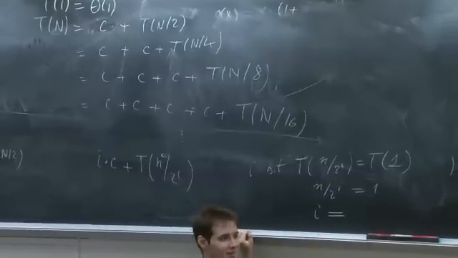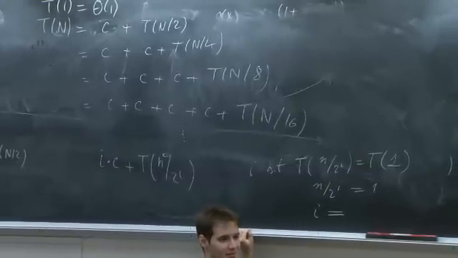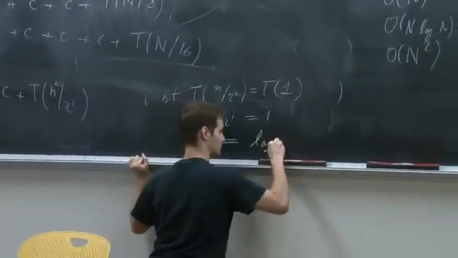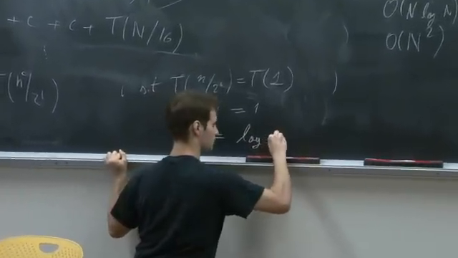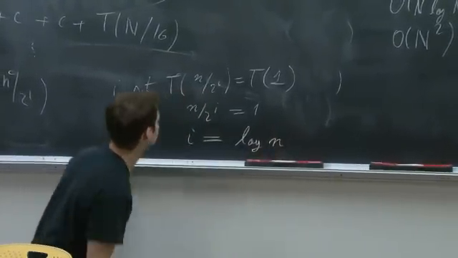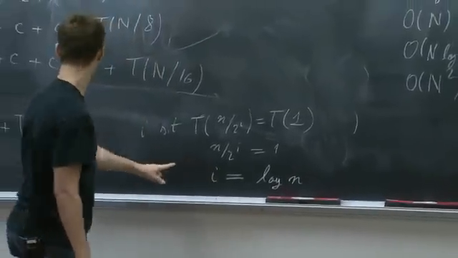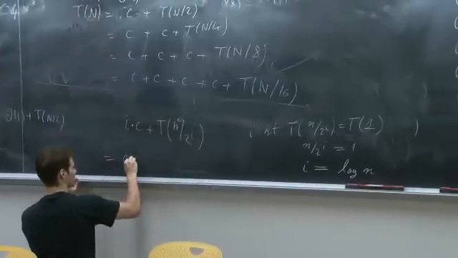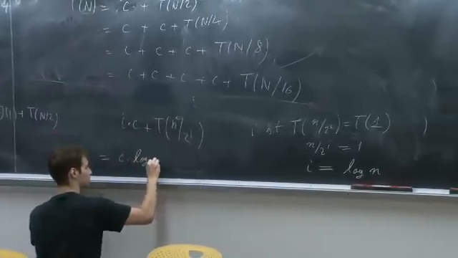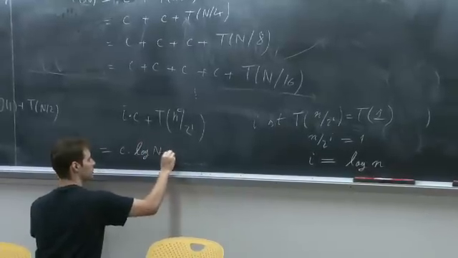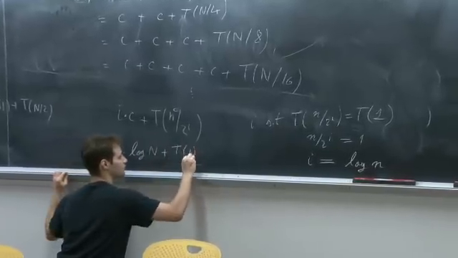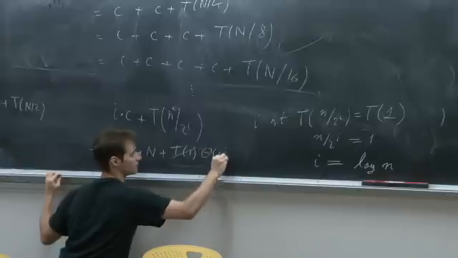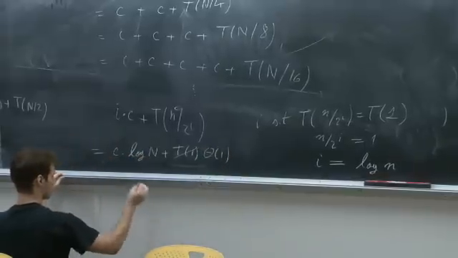Anyone? Logarithm. Thank you. Log n. So I have i, and I'm going to plug it back in here. And I get constant times log n plus T of 1, which I know is theta of 1.